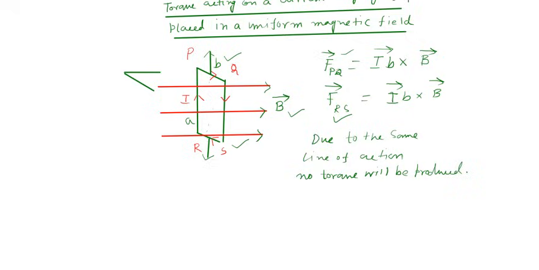So they will not produce torque, and their line of action will be the same, as you can see from here, always. Whether the loop is rotating or not, the line of action will remain the same. They are equal and opposite and their line of action is also the same.